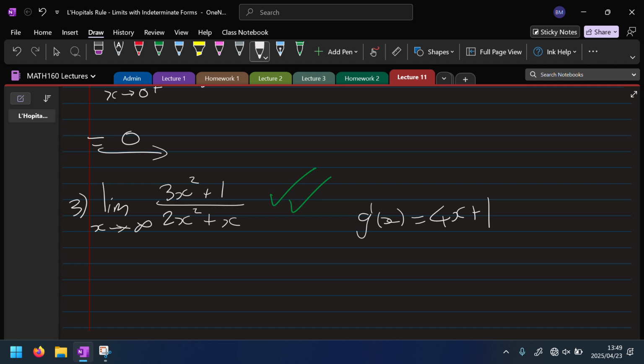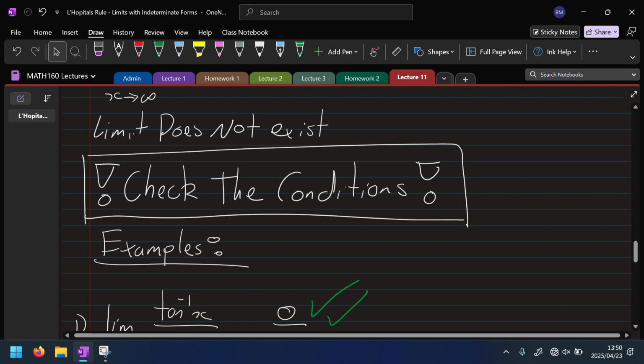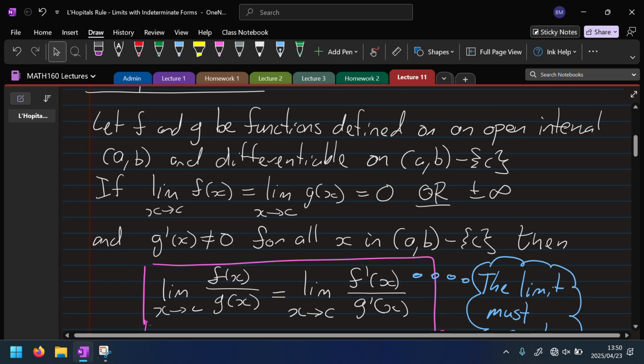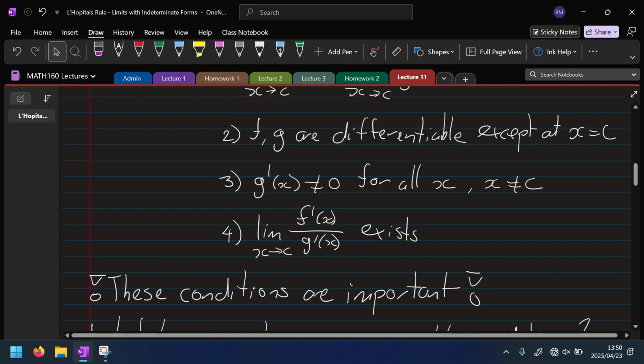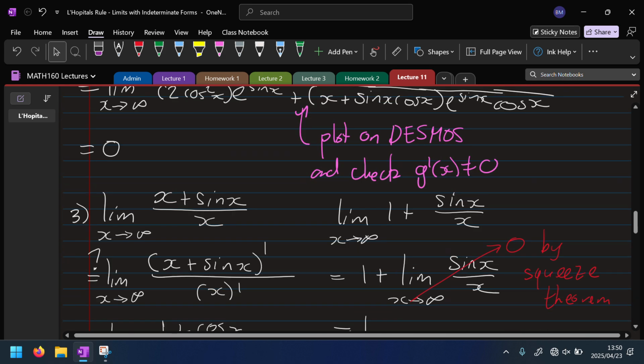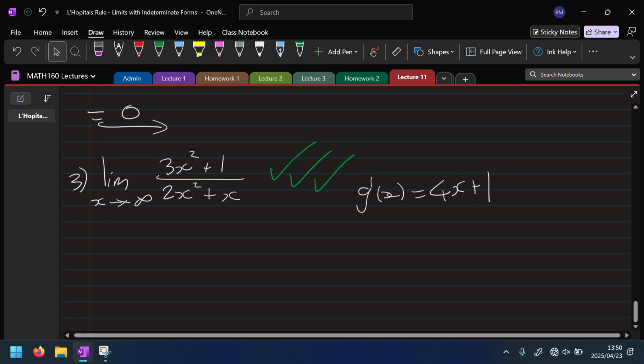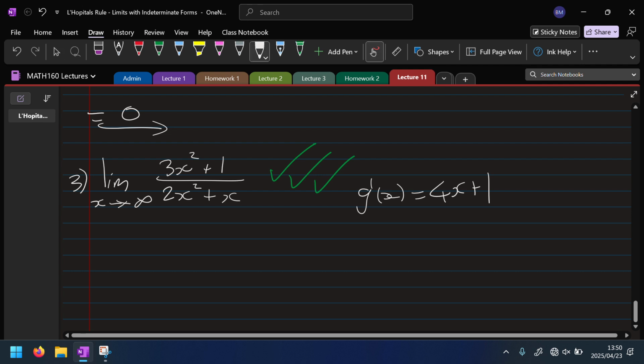If I put in 3, is it non-zero? If I put in 4, is it non-zero? If I put in anything going to infinity, is it non-zero? Yeah, so it's non-zero. So check. Okay, that was the third thing. And then the fourth thing we'll check now, does the limit exist? We'll see that. Okay, so again, please go through that checklist.